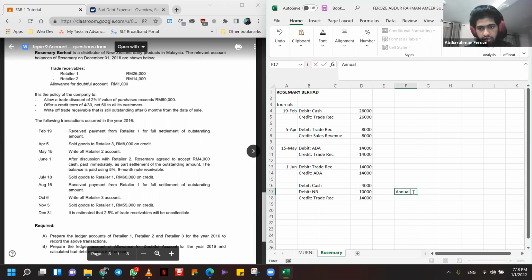Okay, note receivable. Then we have annual interest equals 5% into 10,000, which equals 500, correct?